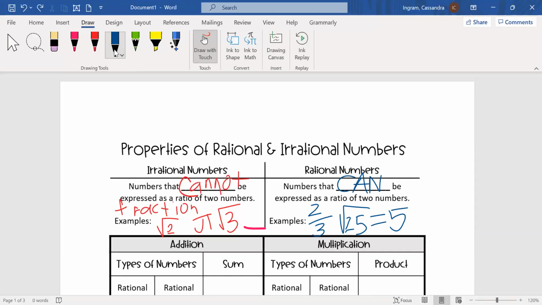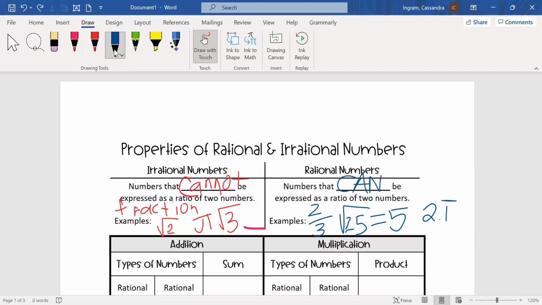Some other things that can be rational numbers are repeating decimals, like 2.1 with a little hat over it, repeating. It's not a ninth grade standard for us to teach you how that can be converted into a fraction, but all you need to know is that it can be written as a fraction.